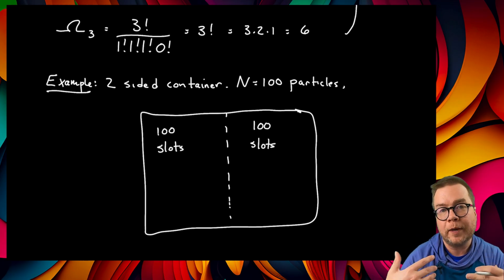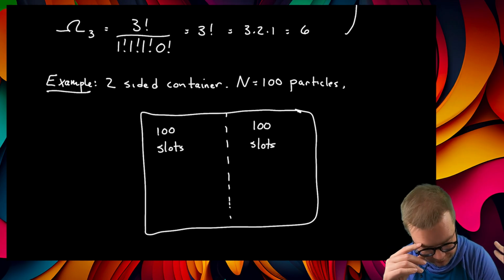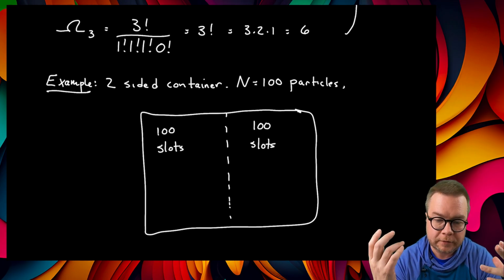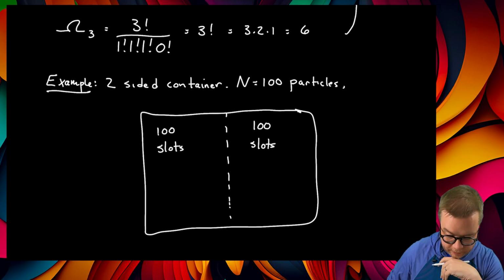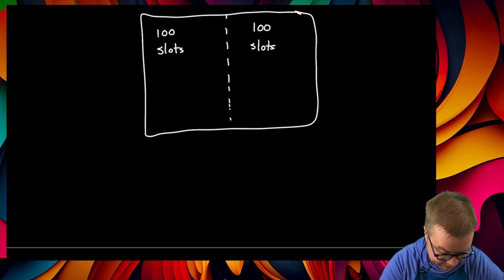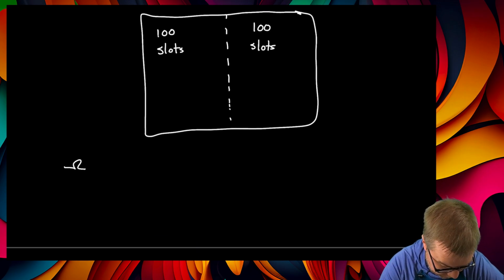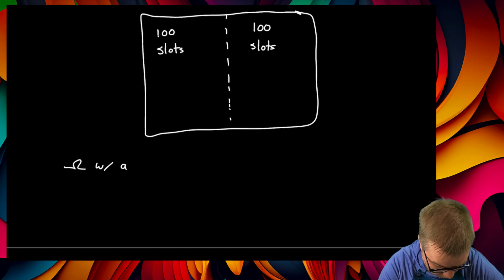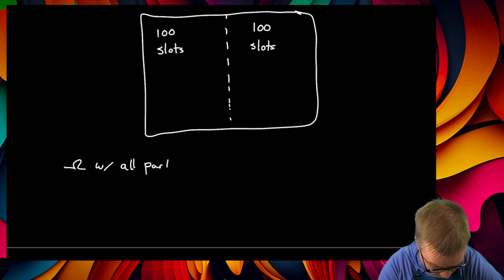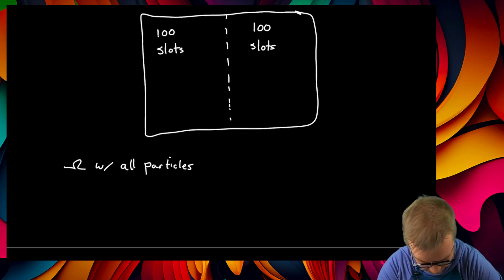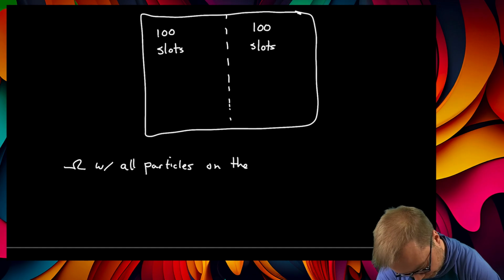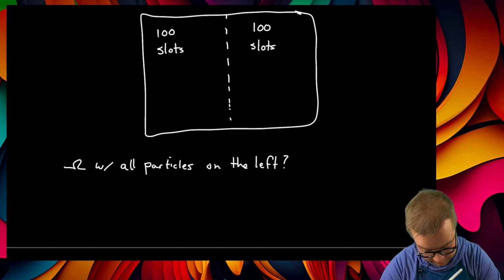And so how many different ways can we put our particles into the system so that they have a particular type of arrangement? What I mean is, how many microstates are associated with all particles on the left? All right, well, let's see.